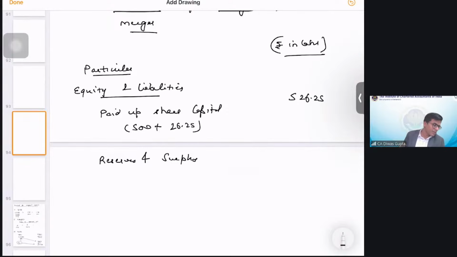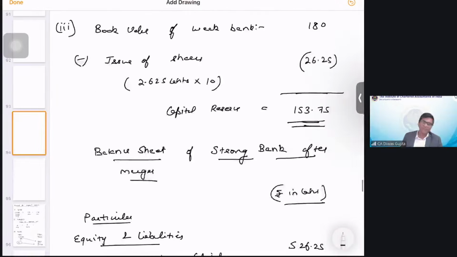So the reserves and surplus is 5500. After that, we will also put capital reserve, which is the new one. Capital reserve was 153.75. Correct? The new one that has come out.